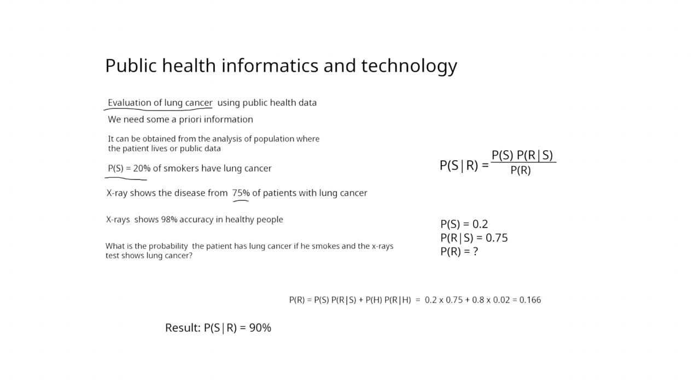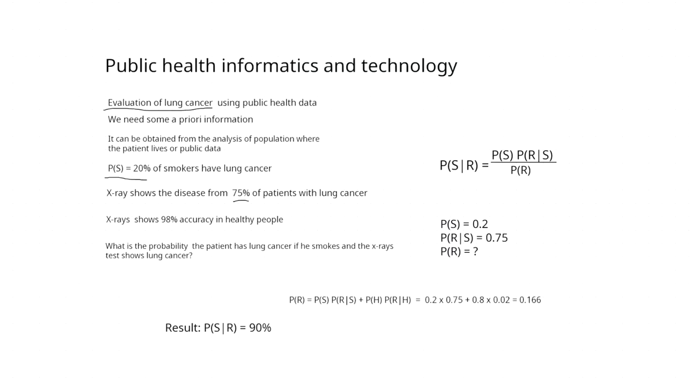I looked at the literature, it can be 77, 78, but we'll take 75% as an example, all right? So what does this 75% mean? If a patient goes for X-rays and he or she has lung cancer, the X-rays with 75% accuracy will identify it. So 25% the X-rays will miss. That's what 75% means.